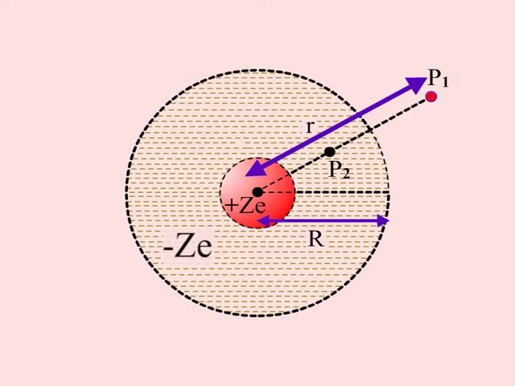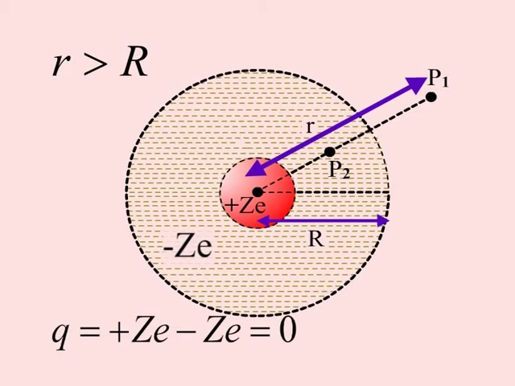When the field point is outside the atom, that is, small r is bigger than capital R, the enclosed charge is plus Ze and minus Ze, which is 0. Hence, electric field is also 0.